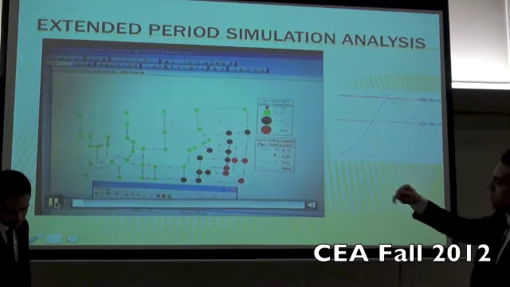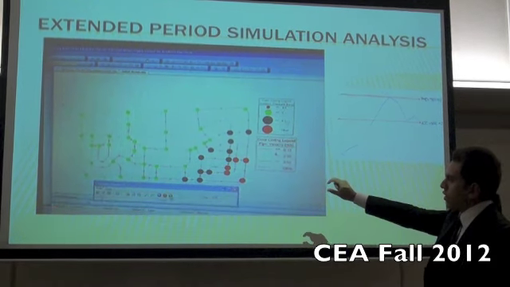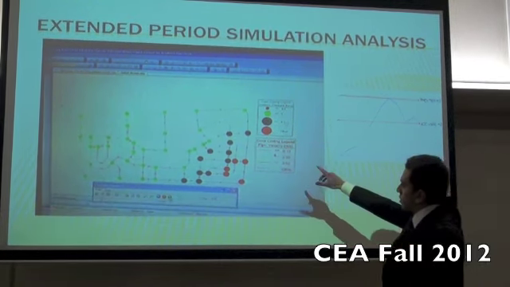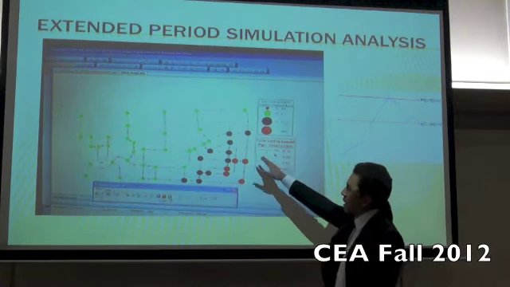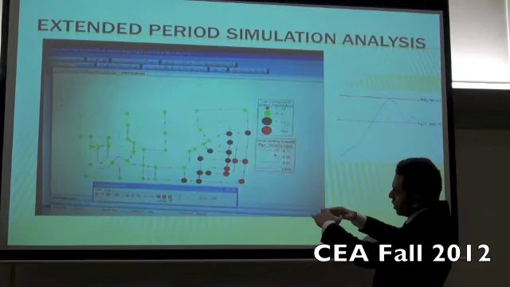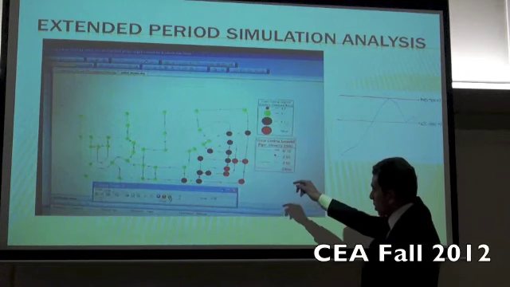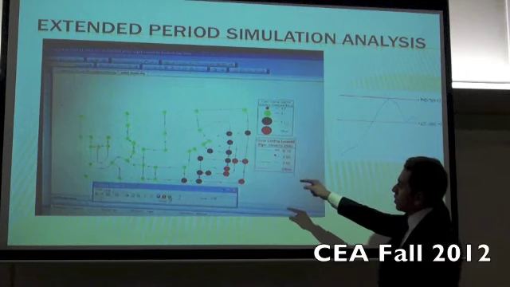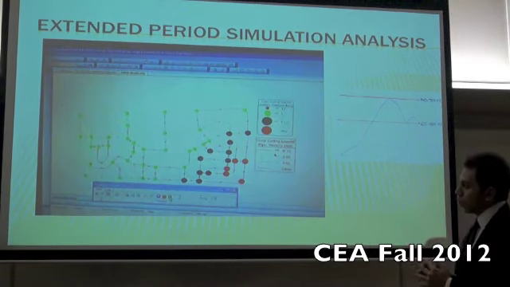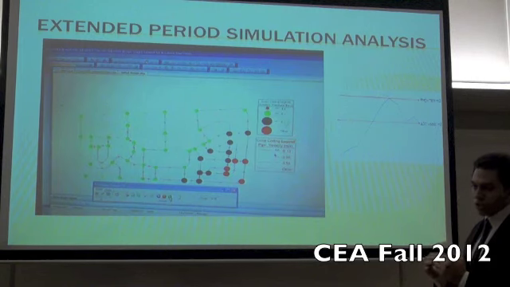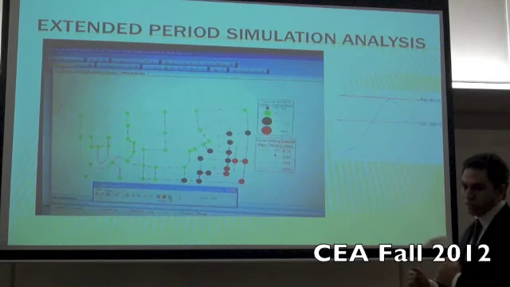As you can see, the pressures in the whole community stay within the allowable range, except for this low elevation zone. This area has a low elevation compared to the whole community. So what happens is that at night, during the evening, when the demands are low and the head loss is minimum, the pressure head is maximum.